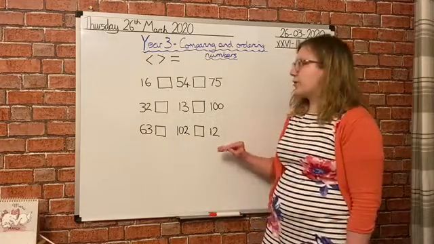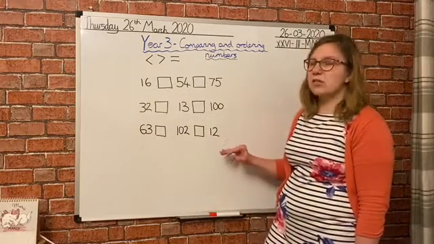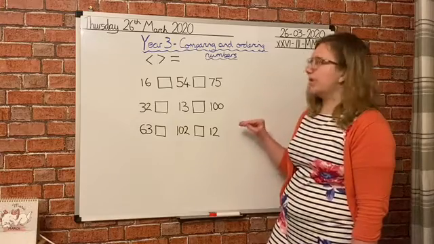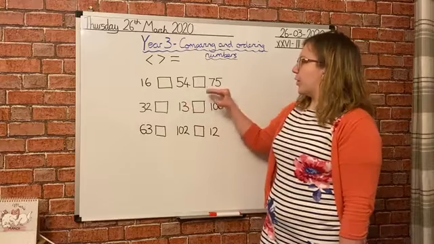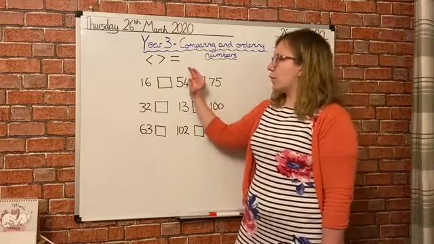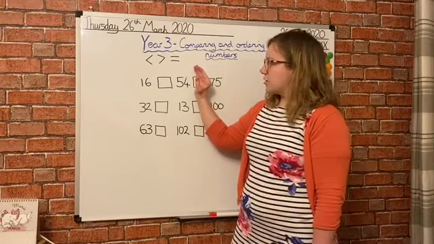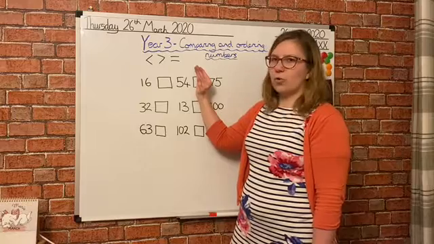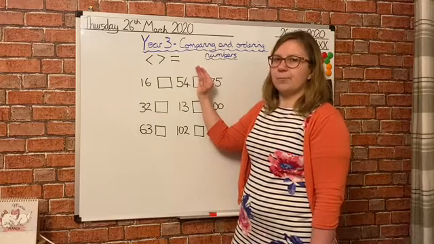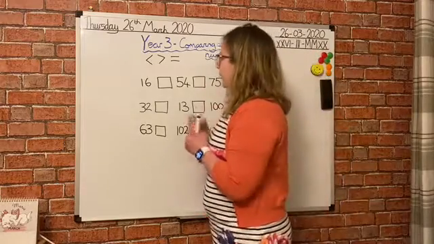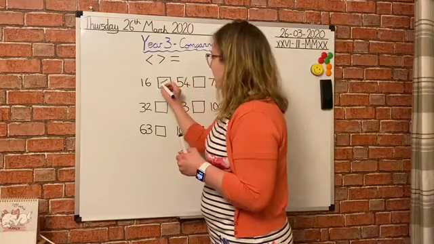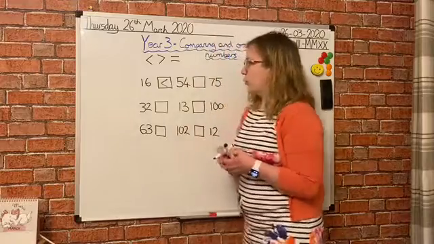So here I have written out some number sequences, and what we need to do is figure out which symbol belongs in which box. So I've got 16, 54 and 75. I'm going to look at the first 2 numbers first. So 16 and 54. Which is the bigger number? 54 is the bigger number. So 16 is less than 54.